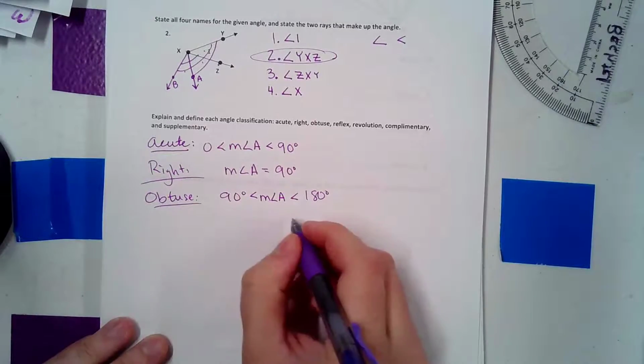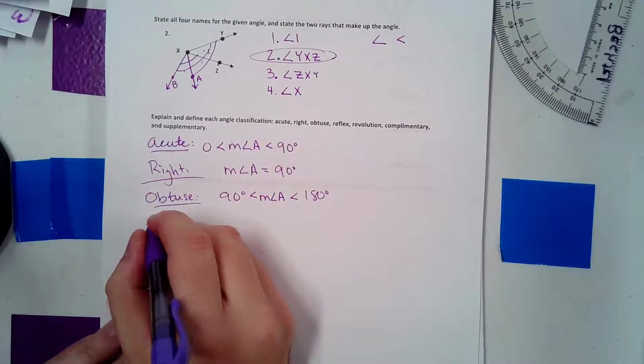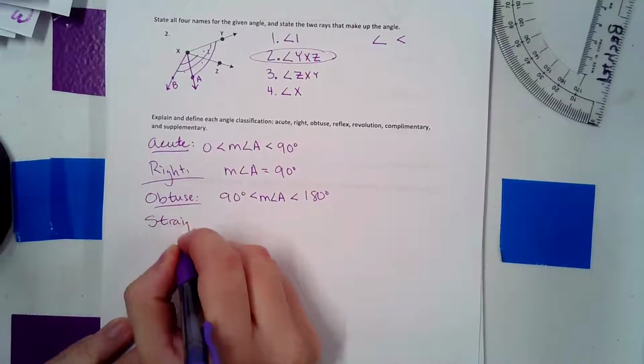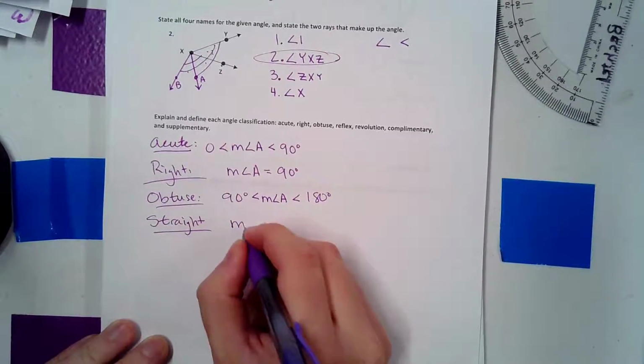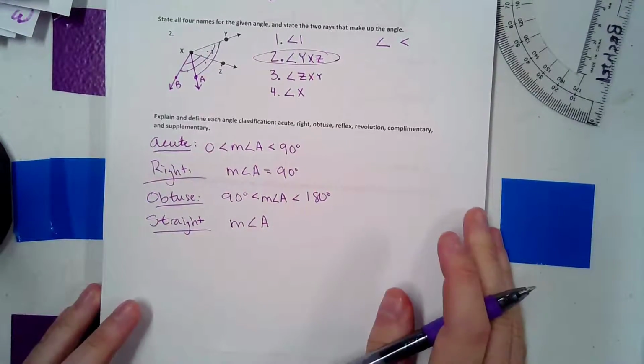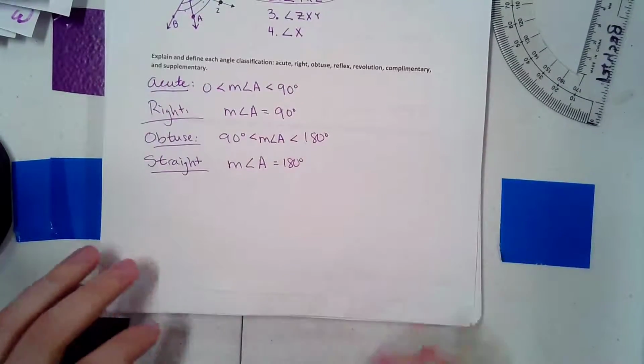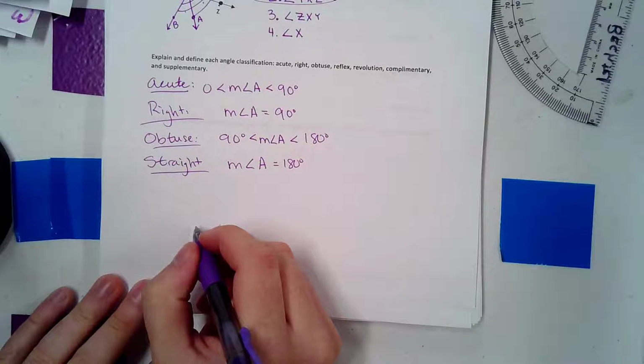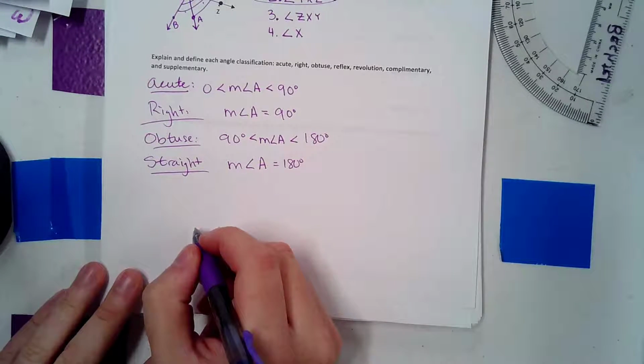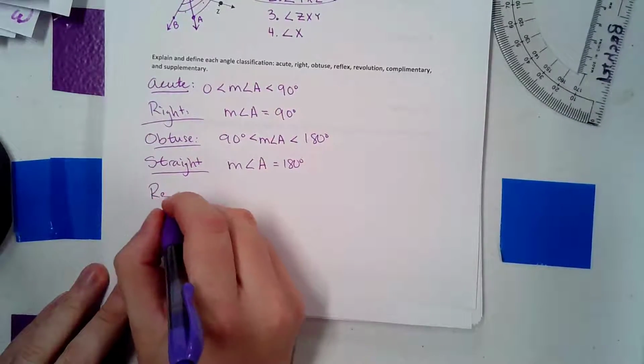Next one, what do we call it? Straight angle. So if angle A is a straight angle, then the measure of angle A is exactly 180. Next, it's the hyperextension one. Reflex. Thank you, Courtney.